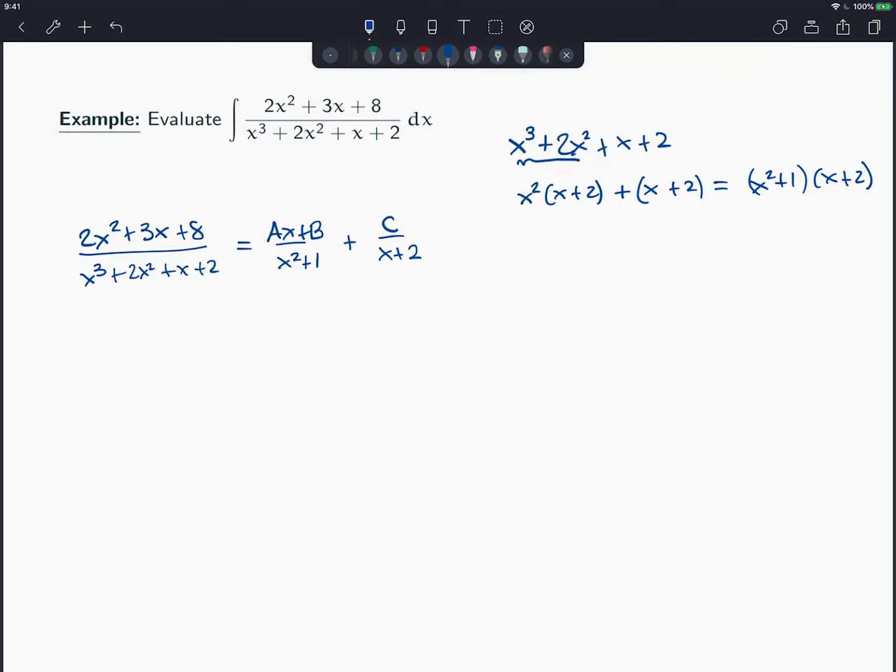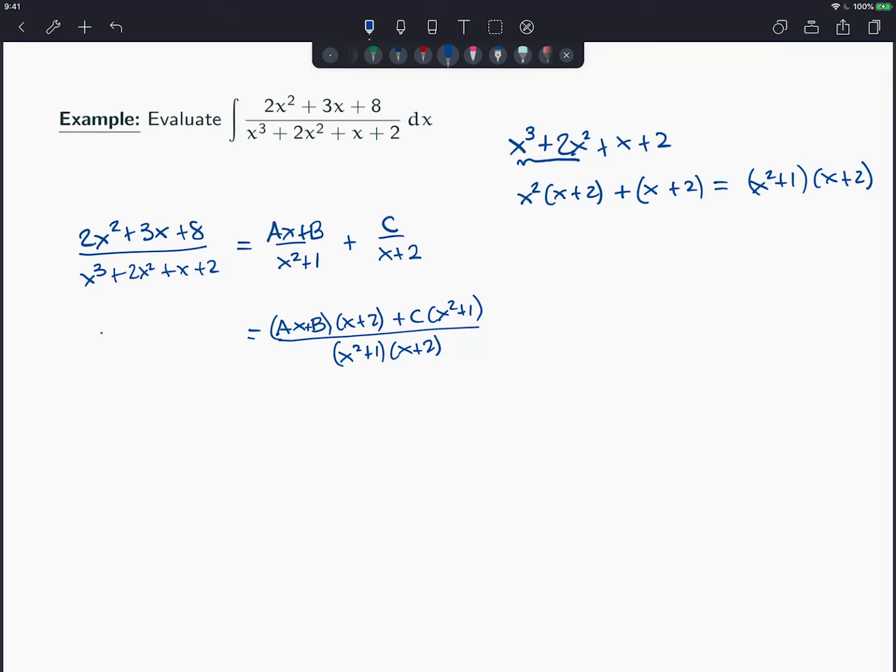Now if I work this out, we have to be doing ax plus b times the x plus 2, plus the c times the x squared plus 1. I'm writing everything under the same denominator. So I would have to do those multiplications to put them under the same denominator.